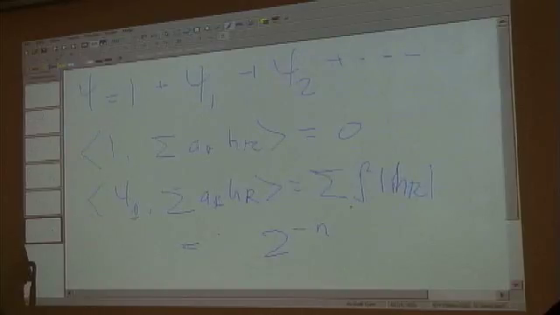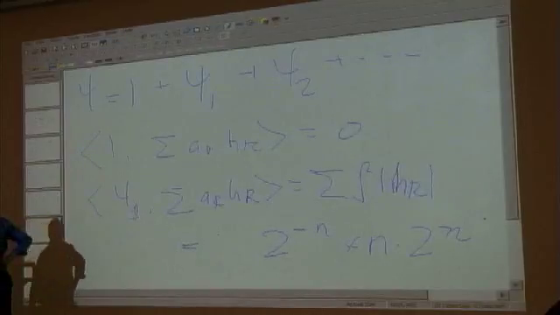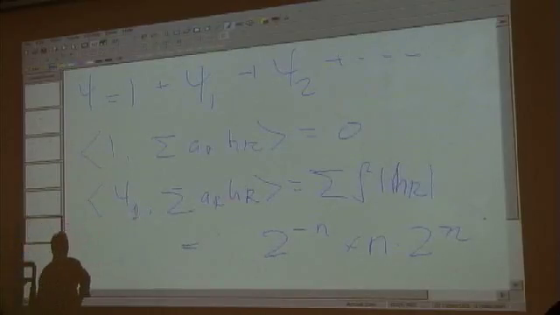And how many times do we pick up the area of the rectangle? Well, basically n times 2 to the n times, by our agreement that only a quarter of all the coefficients are 0.